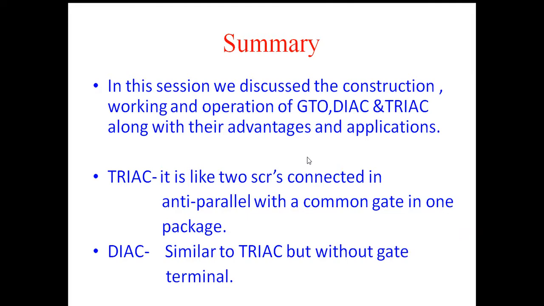In this session, we have discussed three important power electronic devices: GTO, diac, and triac. We have seen the detailed construction, operation, and characteristics of these devices along with their advantages and applications.